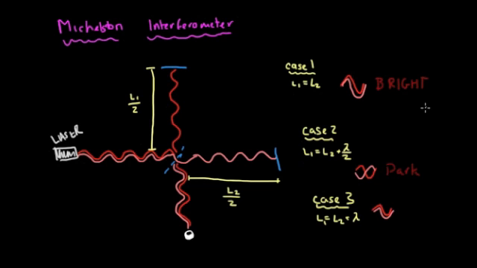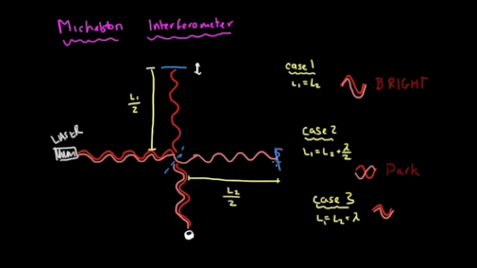So bright again, and as you can see, what happens is as we move this mirror here, as we change the length of L1, we can recover this bright, dark, bright, dark, bright, dark view of the interference.